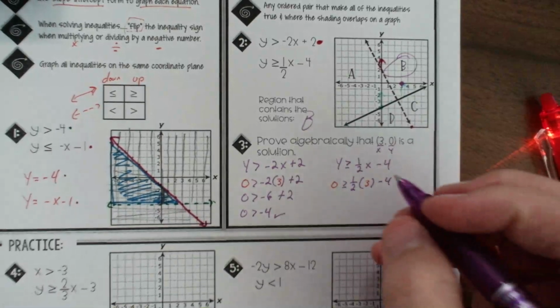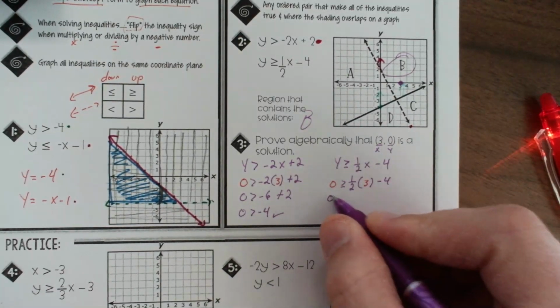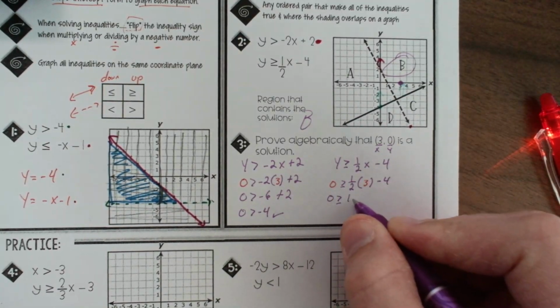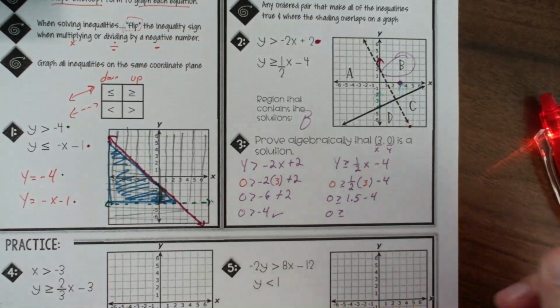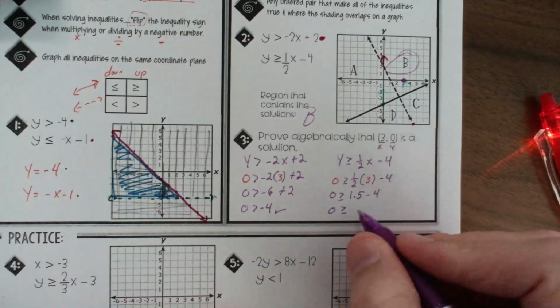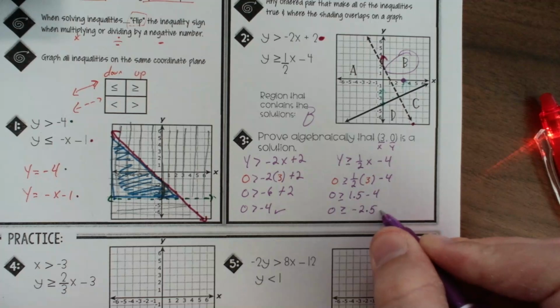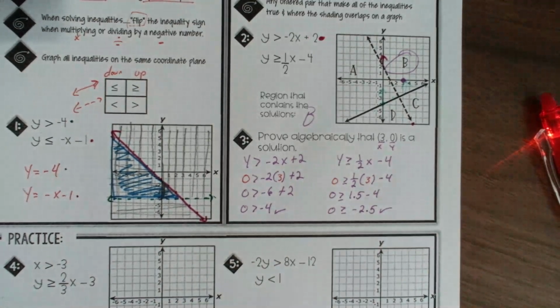Half of 3 is 1.5. So 0 is greater than or equal to 1.5 minus 4. So 0 is greater than or equal to negative 2.5, which is also true. So it works for both of those equations. So B is the correct area.